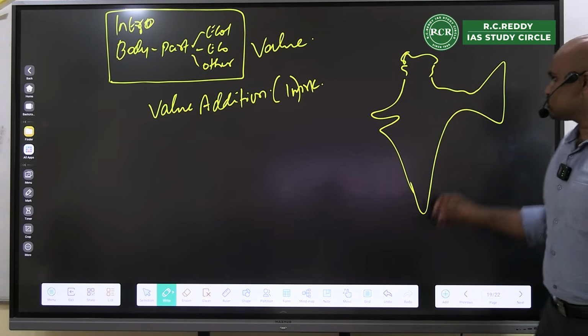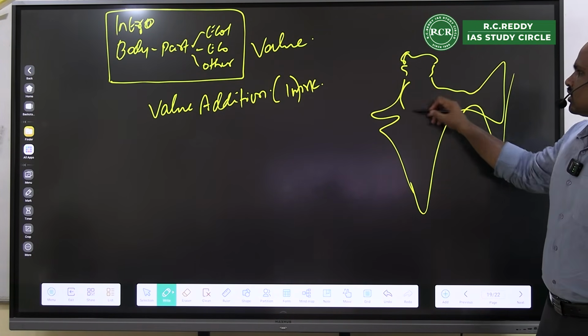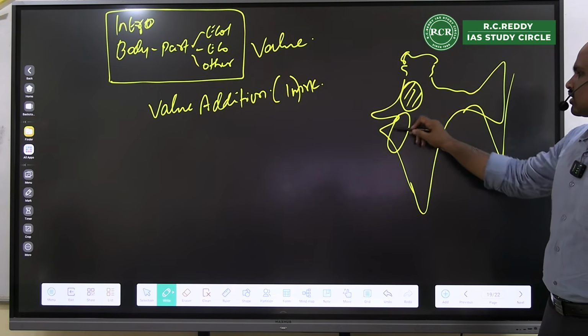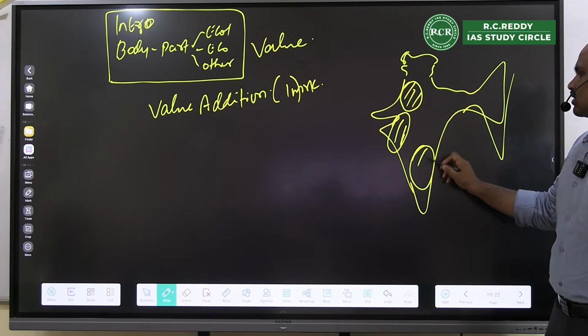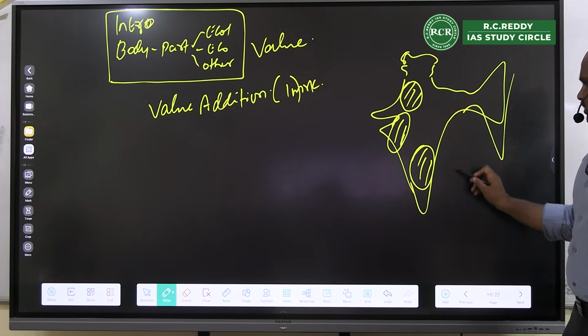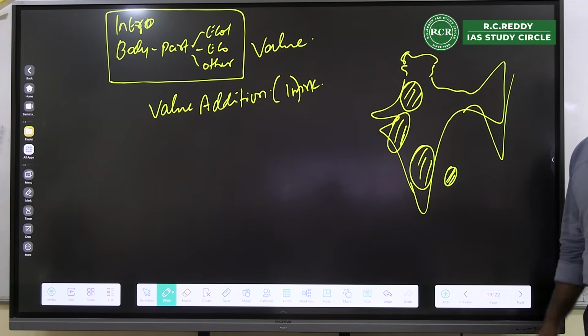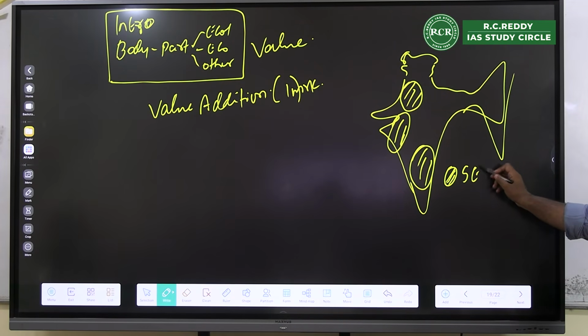What is my map going to show? And I am going to name them as what? Solar energy hotspots.